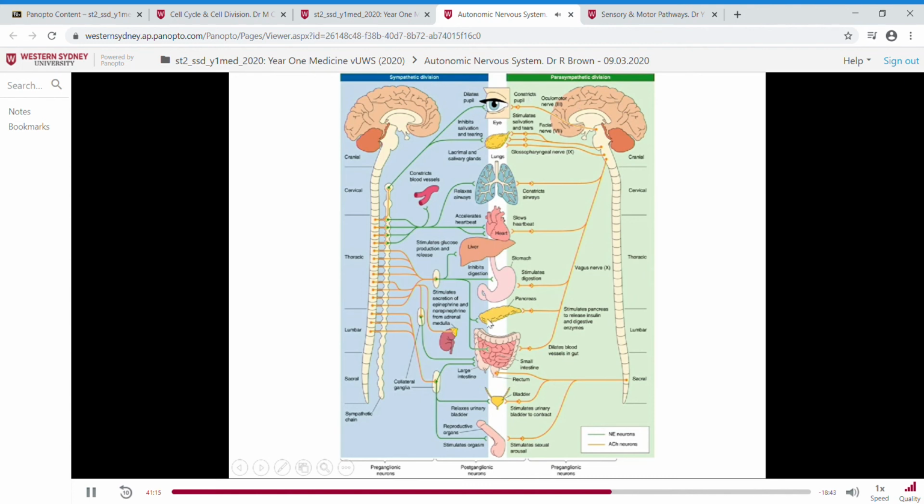So you've got your organs, or your target tissues in the middle here, your sympathetic division and your parasympathetic division. Where these neurons come out, the preganglionic neurons, okay, and what they supply. And there's your vagus nerve there, again, as you can see, supplying all of these.